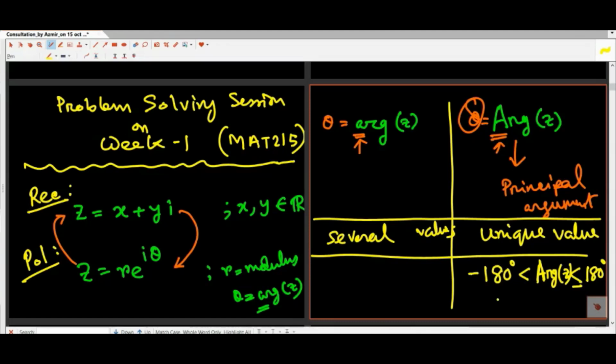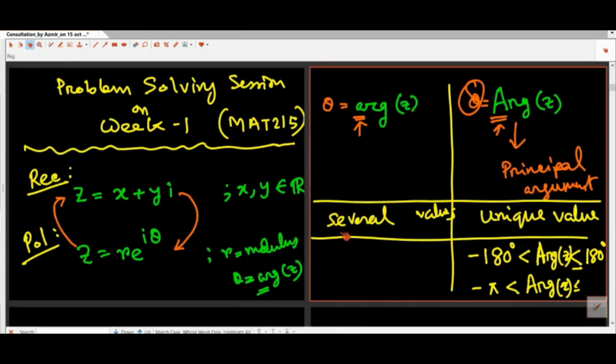So if we use radian form, then we can write minus pi to plus pi. Okay. So this is the definition of principal argument.